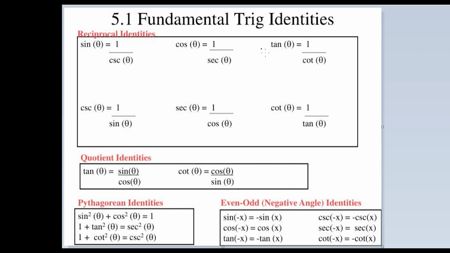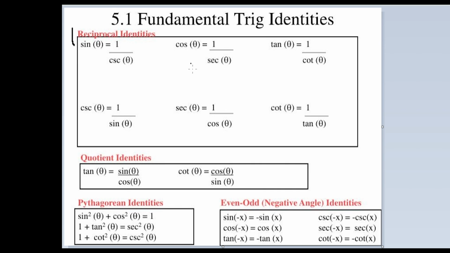For fundamental trig identities, there are 4 main categories: reciprocal identities, quotient identities, Pythagorean identities, and negative angle identities. First, I will go through the reciprocal identities. The reciprocal identities are the reciprocal of another trig function, such as cosecant is the reciprocal of sine.